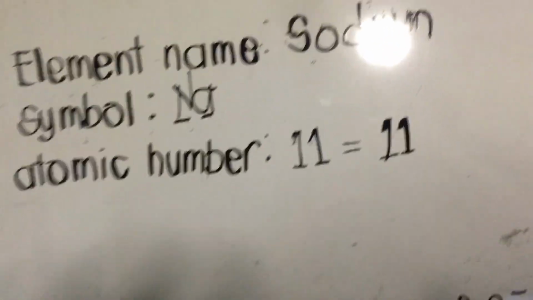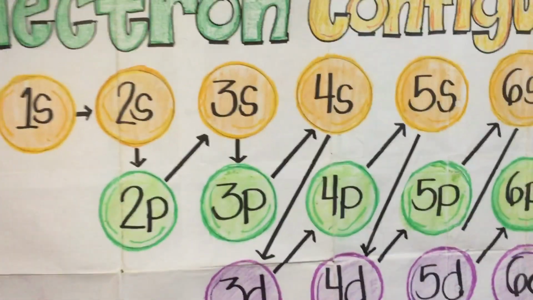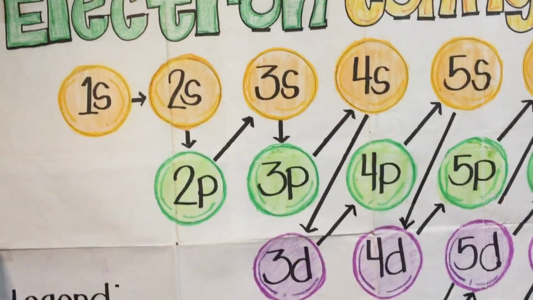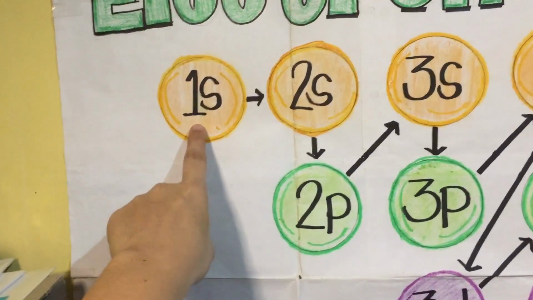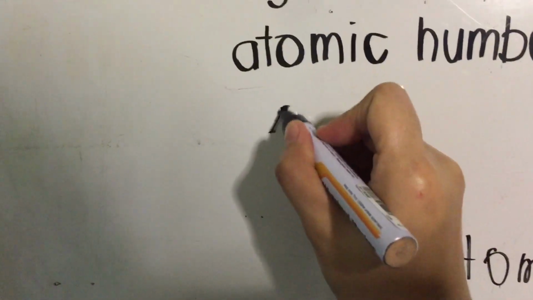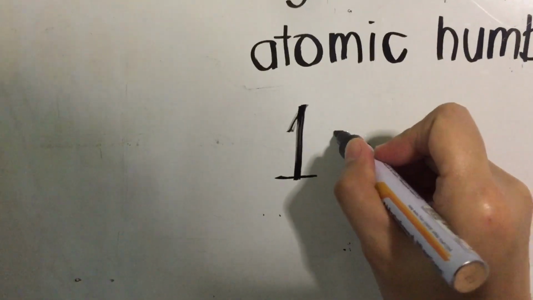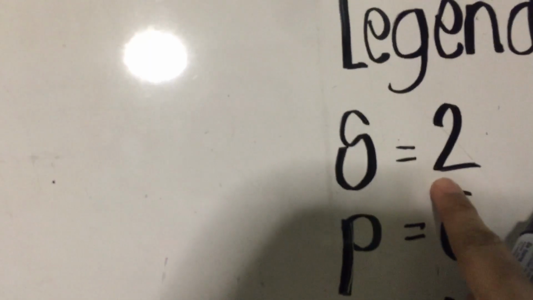Okay, so balikan natin yung electron configuration. Paano natin gagawin yung electron configuration ng sodium? Okay, so again, lagi tayong mag-uumpisa sa 1s. Ano nga ang value ng s? Ang value ng s ay 2. Okay?